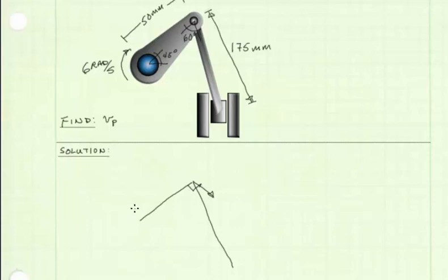We know that it's rotating at 6 radians per second, so if we label this point A, this point P, the velocity at A is equal to omega of A times the radius, which in this case is equal to 6 times 50 millimeters, which would give us 300 millimeters per second. So this is 300 millimeters per second.